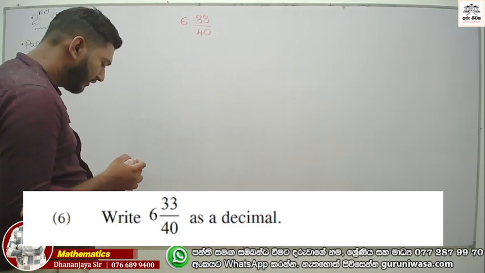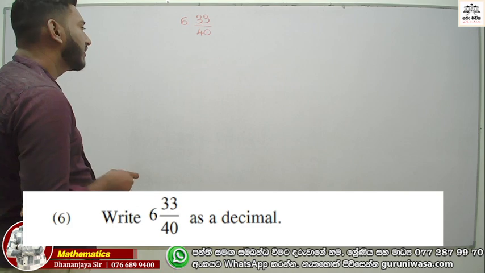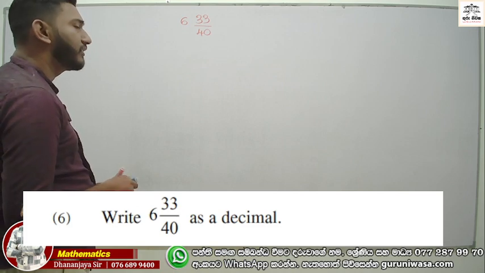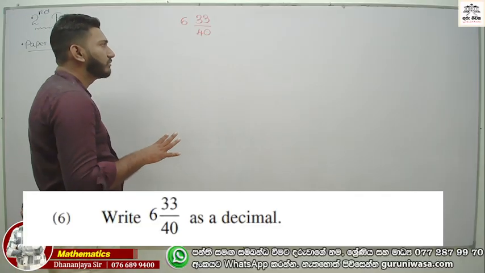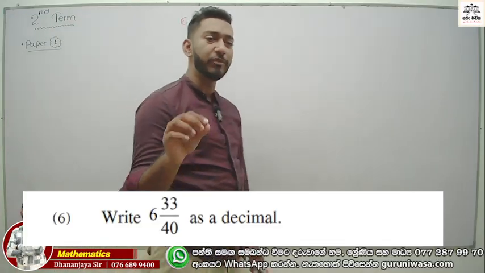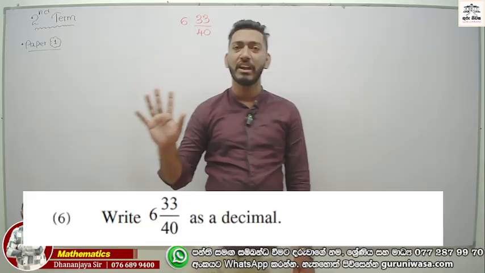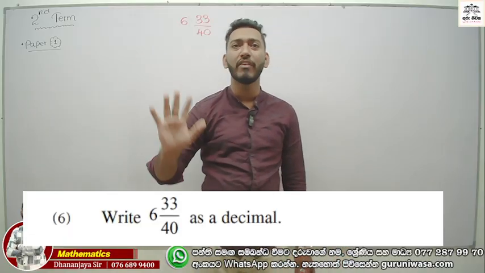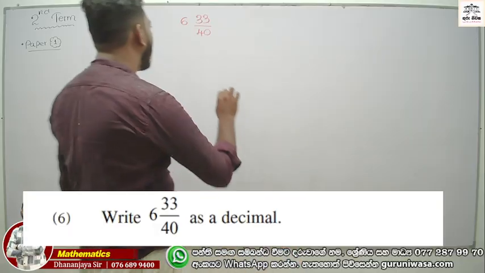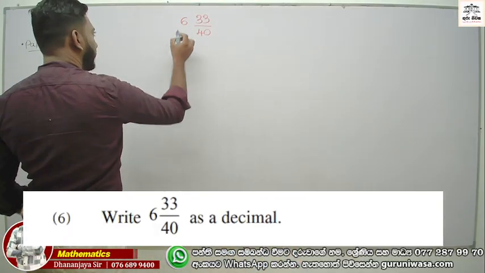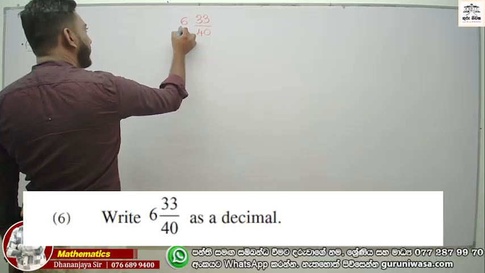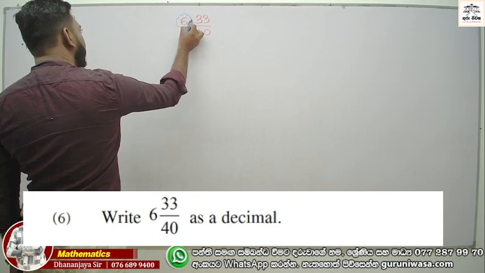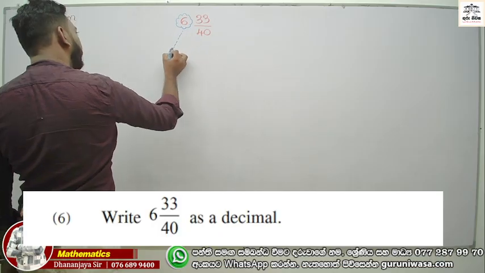Right. Now listen. Now this one is very easy because we have a mixed number and I know the answer becomes 6 point something. The answer must be a number like 6 point something. Because why? The whole number is 6. Right? Now this is method number 1. Therefore you need to write 6 here.